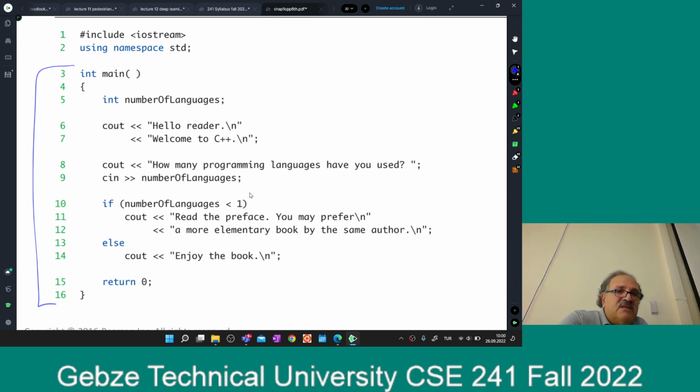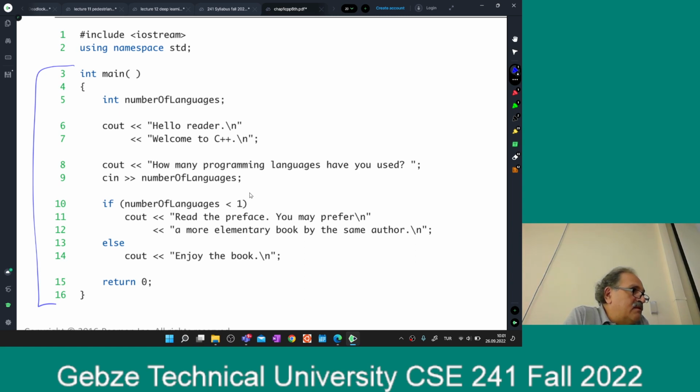It starts from here and ends there. As you see, our indentation rules are exactly the same as C. We start our function with a curly bracket and end with a curly bracket, and we indent all the statements in a function like that.